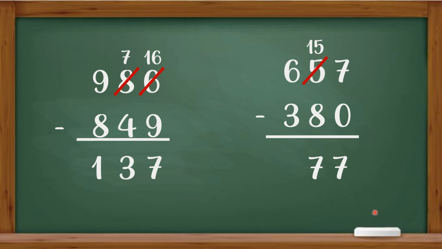Next, since we have borrowed from 6, we need to subtract 1 from 6, which will be 6 minus 1 is equals to 5. First we will cut the 6 and then we will write 5. So 5 minus 3 is equals to 2. So here we have got the answer.